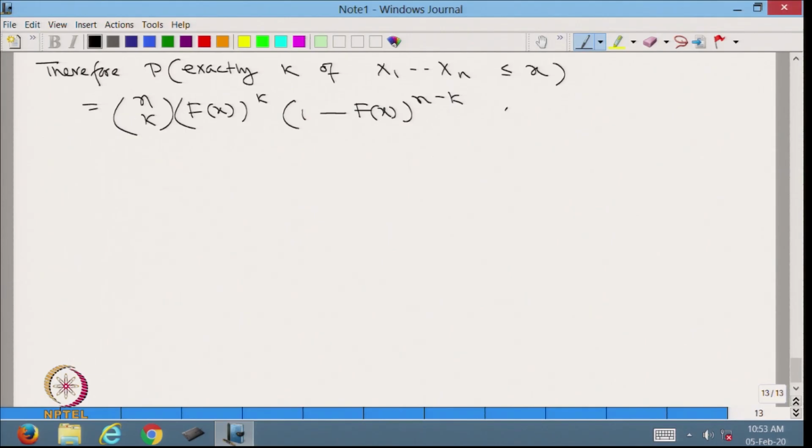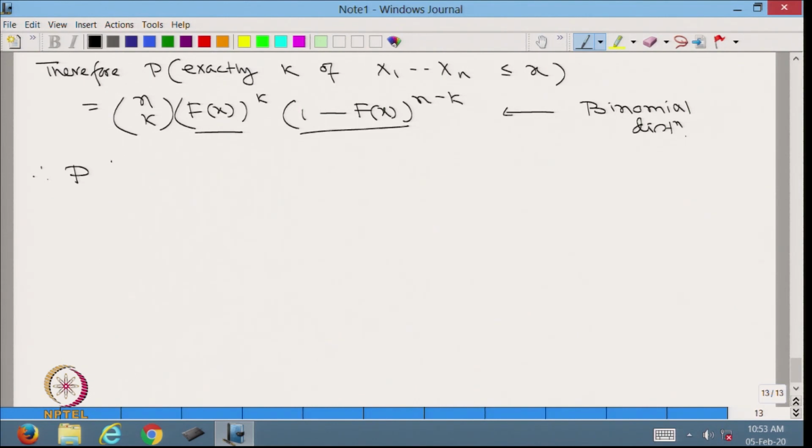It is clear that this is a binomial distribution. If we call this a success, this a failure, we get the binomial distribution.